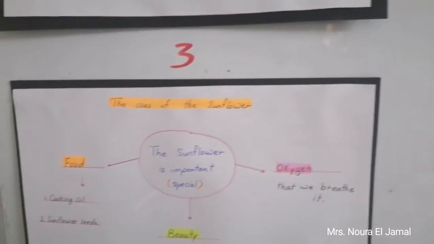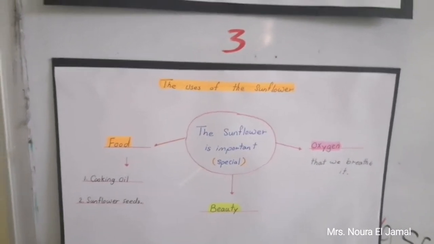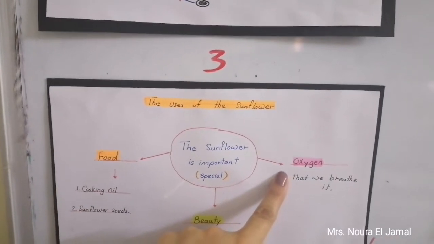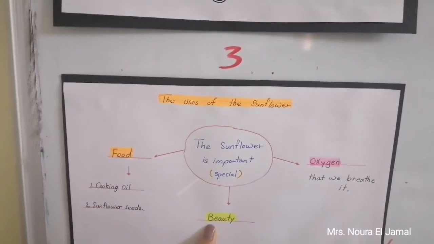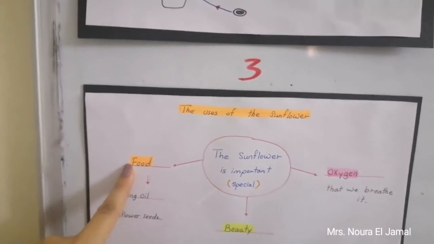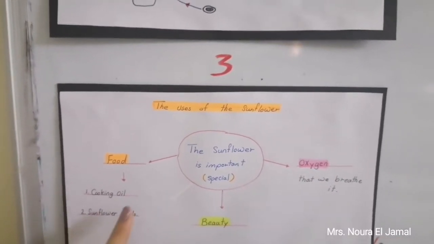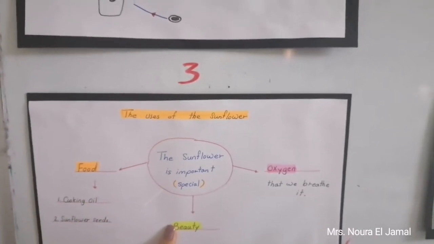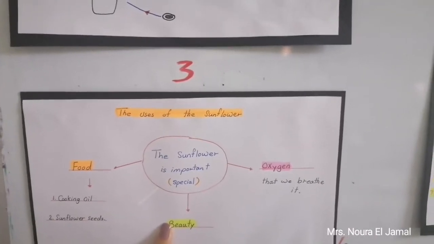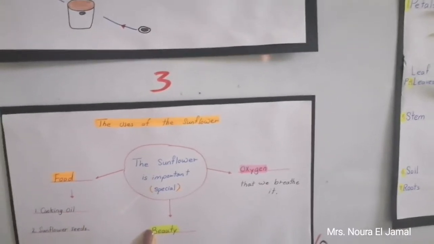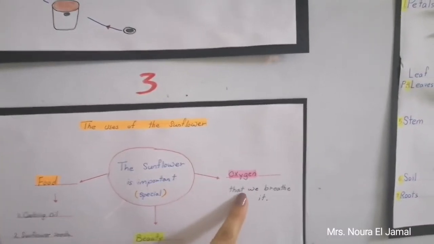So now what are the uses of the sunflower? Food, oxygen, and beauty. Food: cooking oil and sunflower seeds. Beauty: it decorates the place with its yellow color. Oxygen, that we breathe.